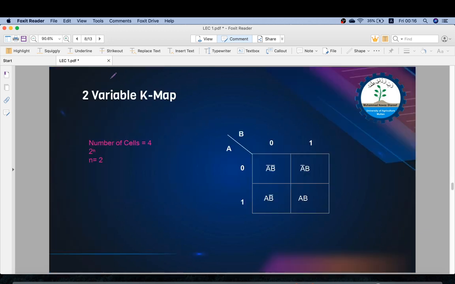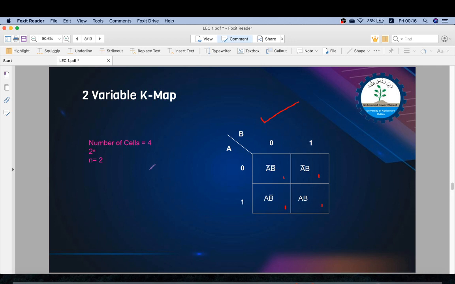So let's first talk about the two variable K-map. In this figure you can see a two variable K-map. First thing we should know about any K-map is how many cells there are. There is 1, 2, 3, 4, a total of 4 cells in a two variable K-map.